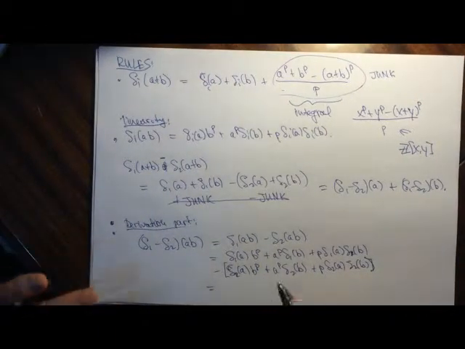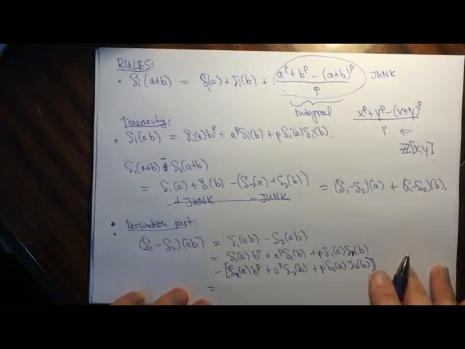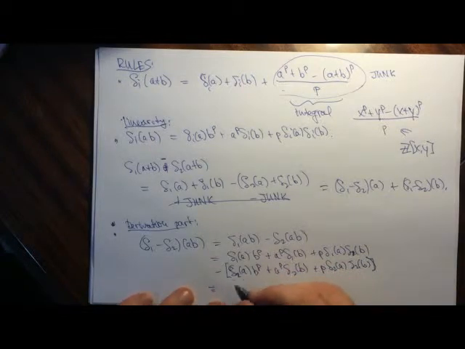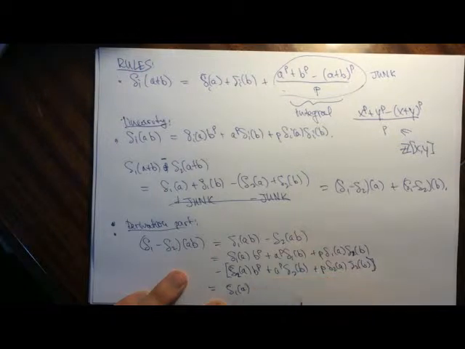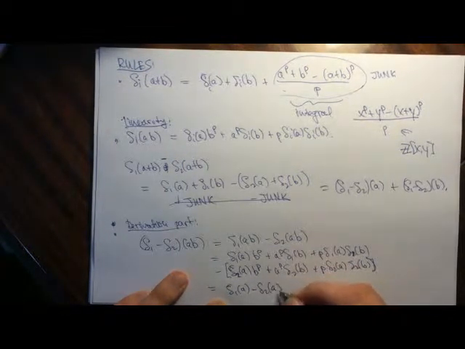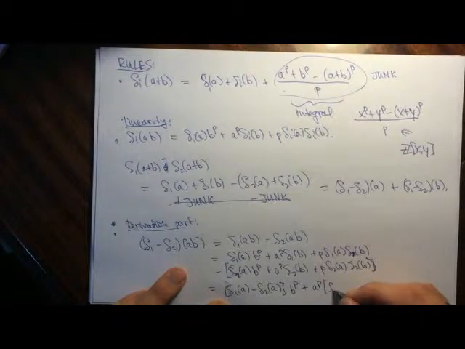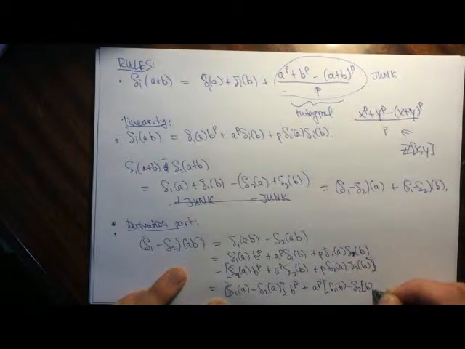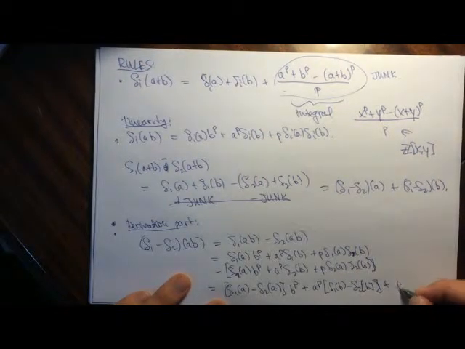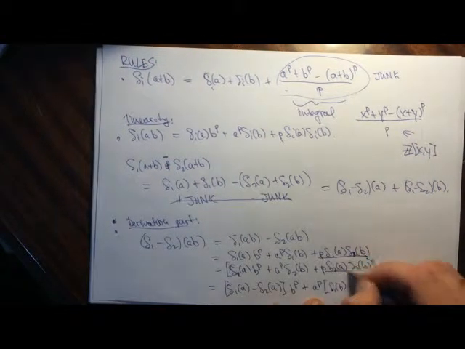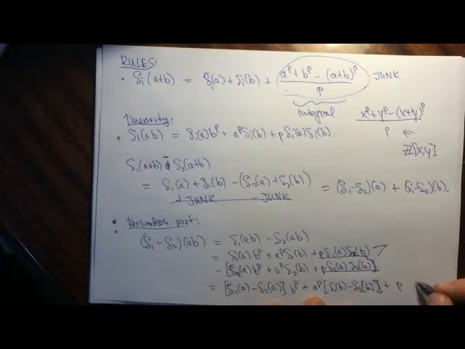Okay, and so now what do we get? This becomes delta 1 of a minus delta 2 of a, times b^p, plus a^p times delta 1 of b minus delta 2 of b, plus p times stuff.